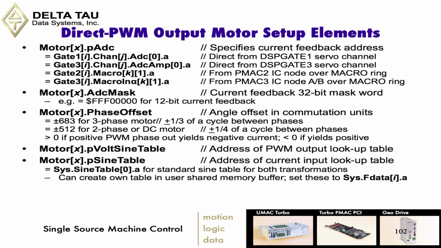There's an ADC mask on the 32-bit word that tells us what bits to read for the ADC feedback. Almost always it's a 12-bit current feedback device, so the upper 12 bits will be turned on in the ADC mask. And then there's a phase offset, which is plus or minus 683 for a 3-phase motor, or plus and minus 512 for a 2-phase motor.